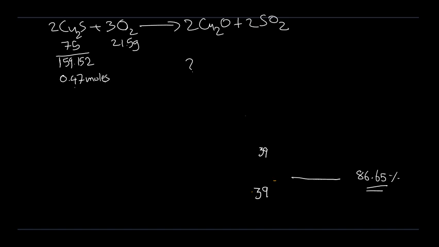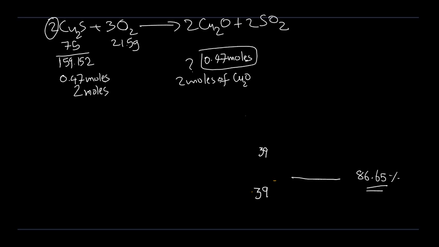So I know from the balanced equation 2 moles of copper 1 sulfide will give me 2 moles of copper 1 oxide, 1 to 1 ratio, correct? So how many moles of copper oxide will form from 0.47 moles is the same number of moles. So that means I will have 0.47 moles. Okay, so that's going to be the number of moles of copper 1 oxide from copper 1 sulfide.